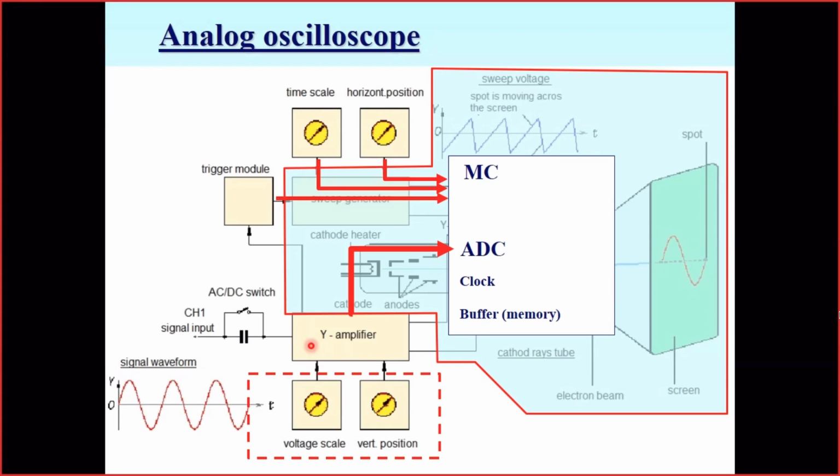To my mind, whether the oscilloscope is analog or digital, the signal to be measured is an analog signal. And if the operation mode is selected correctly and the scope parameters are satisfactory for measuring a particular signal, we actually have no difference whether we have an analog scope or a digital scope.